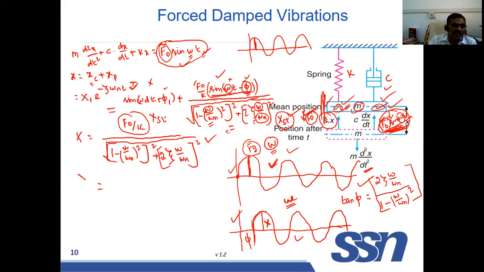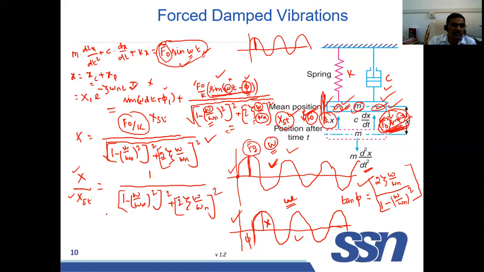Then X, the amplitude of vibration, divided by the static deflection XST, is equal to 1 divided by the square root of (1 minus omega by omega n the whole square) plus (2 into psi into omega by omega n the whole square).